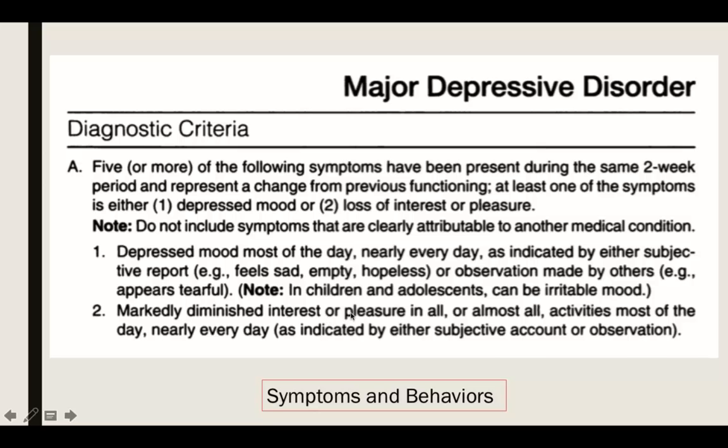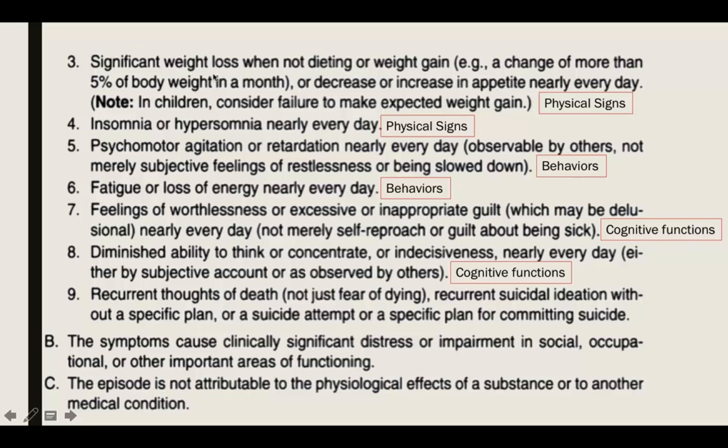These two actually refer to the symptoms and behaviors of the diagnostic criteria sets. We can look at the significant weight loss while not dieting, or weight gain. These are physical signs. Insomnia or hypersomnia, physical signs. Psychomotor agitation or retardation, behaviors. Fatigue or loss of energy nearly every day, behaviors.